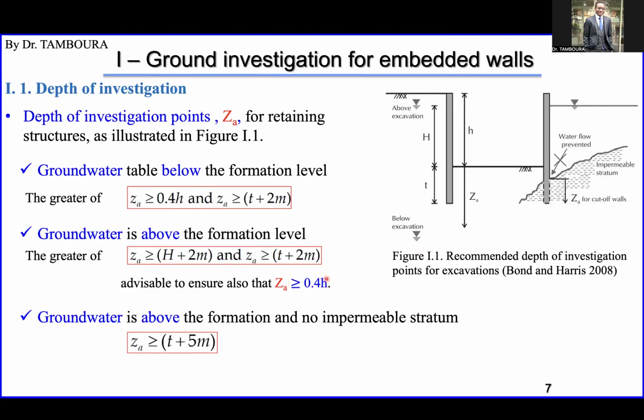In that case, you need to verify that ZA should be at least equal to T plus 5 meters. You should go deeper. If there is no rock, no bedrock or impermeable layer in the underground, you should go at least T plus 5.